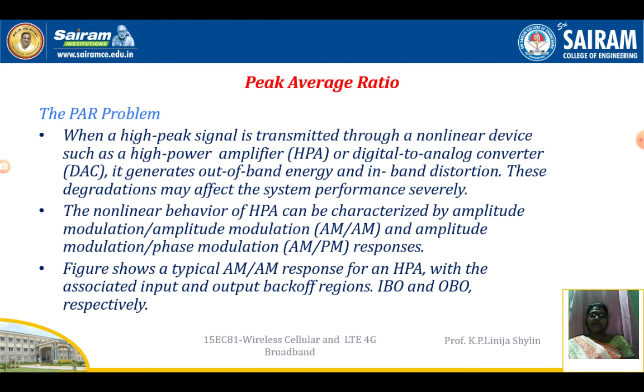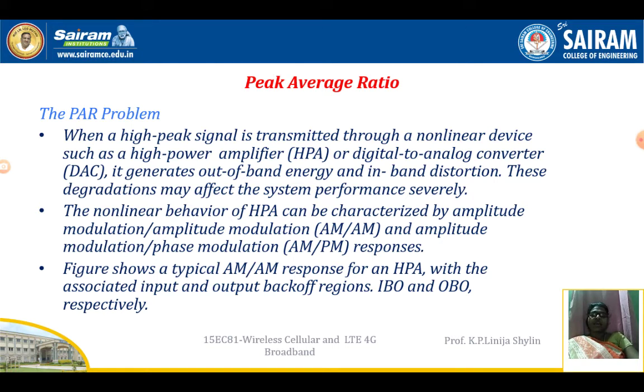Now we will see what the problem is with peak average ratio. Actually we are using a non-linear device, which we can call a high power amplifier, or we can take a digital to analog converter.